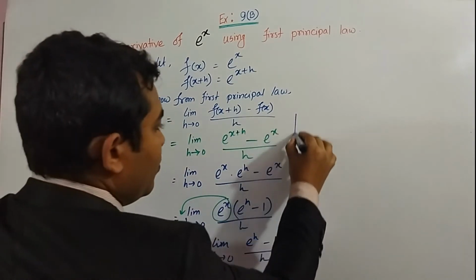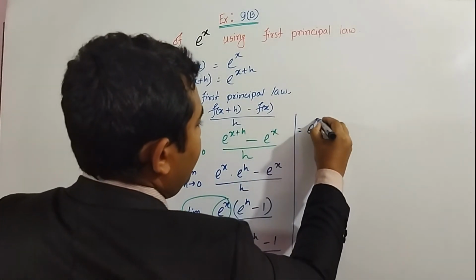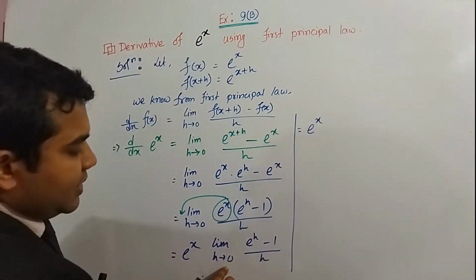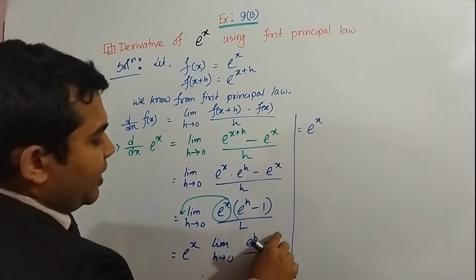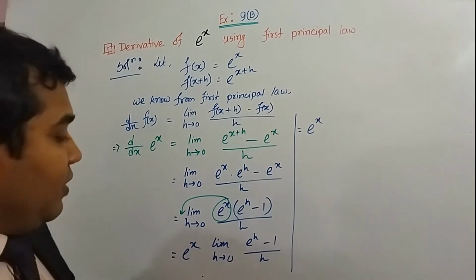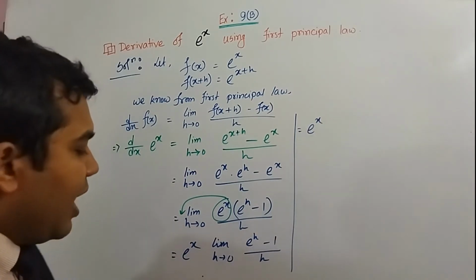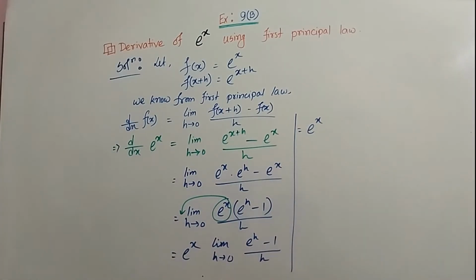Now, e to the power x, if h goes to 0, then it will be e to the power 0 minus 1 divided by h. But we have a formula. What is the formula?